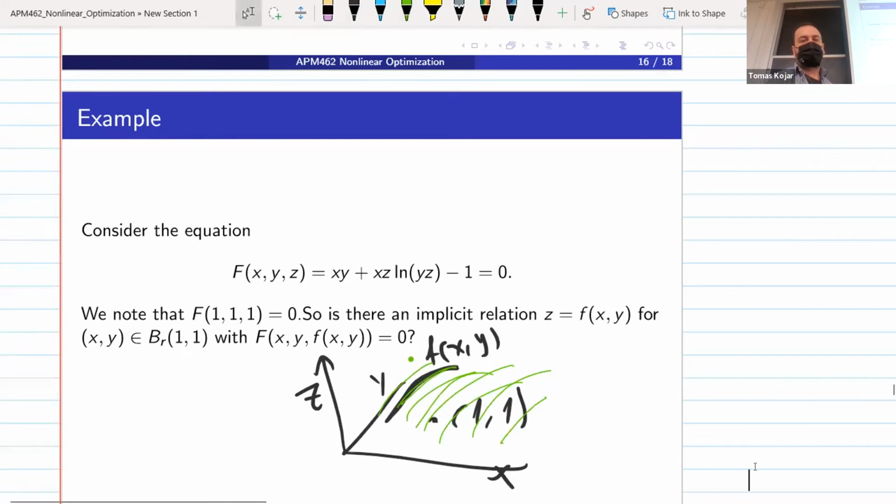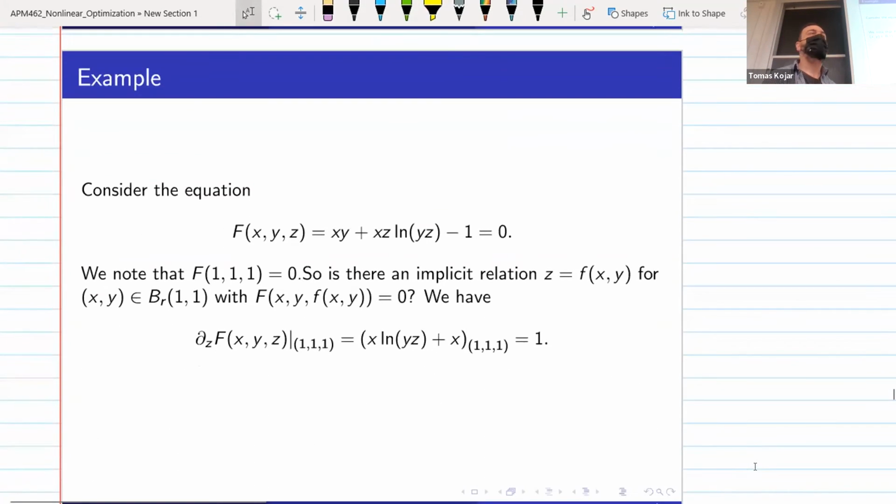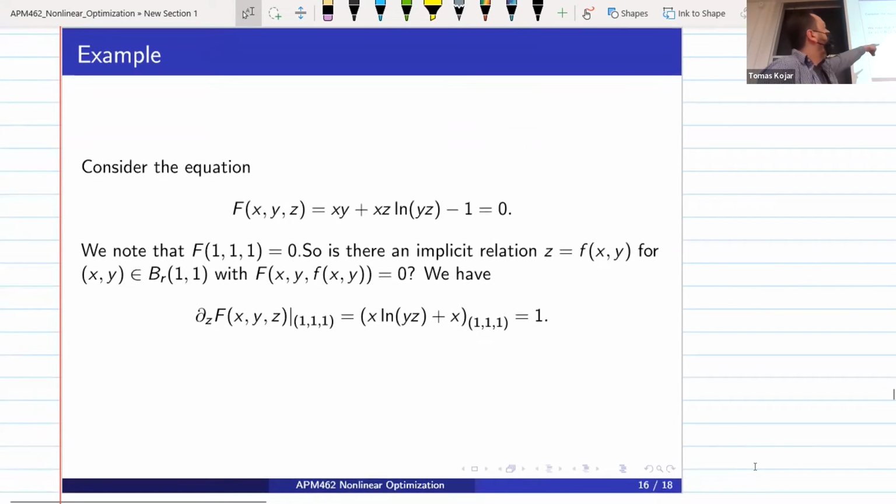All right, so all you have to do is just take one derivative. Here you don't have any vector value. You only have one equation. I will do one with two equations later. So you take the partial derivative in the thing you want to remove. You want to remove the z variable, so you take a derivative in it. Once you take the derivative in z, this guy is 0.